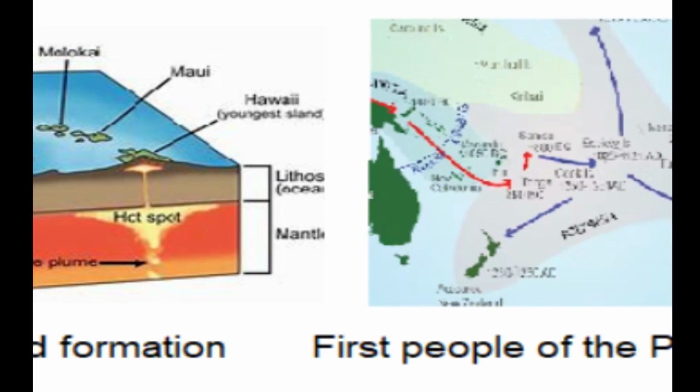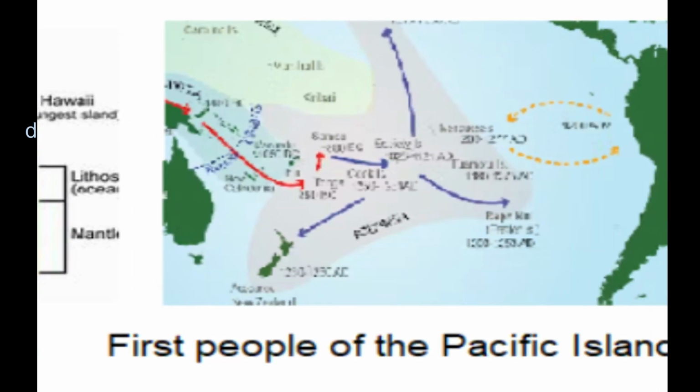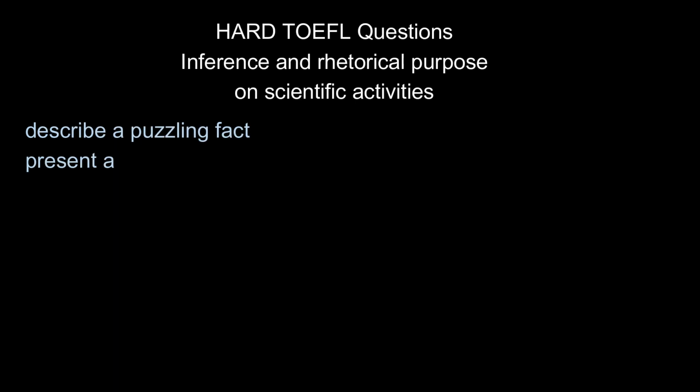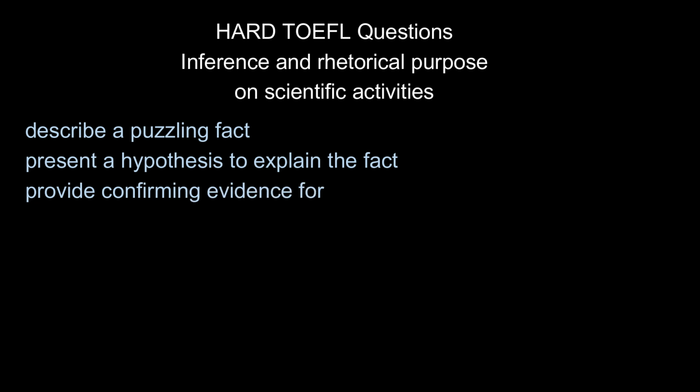In these passages, you'll often find a series of scientific activities, describing a puzzling fact, presenting a hypothesis to explain the fact, and providing confirming evidence for the hypothesis. But the activities don't stop there. You'll also encounter detractors, those who reject the hypothesis.